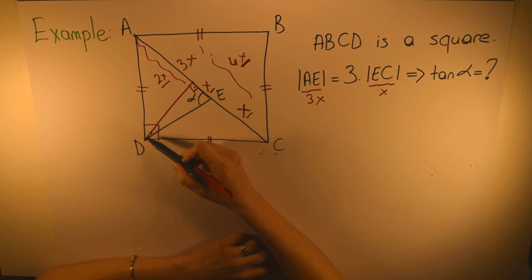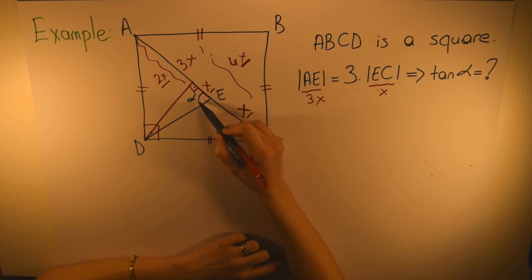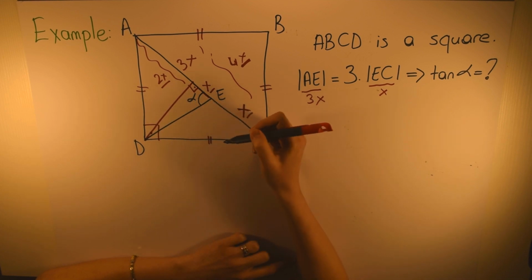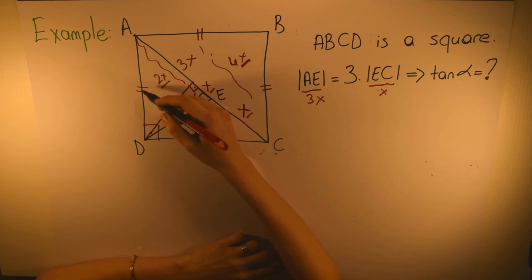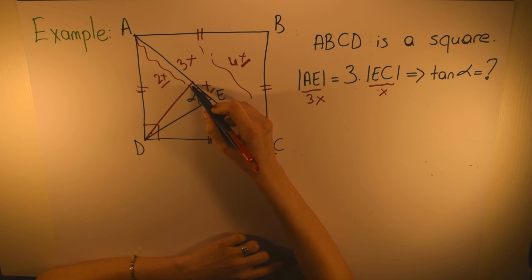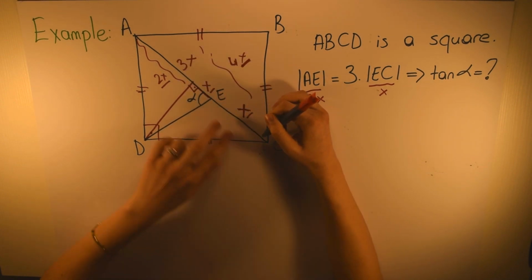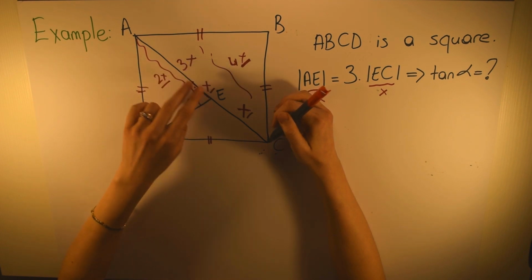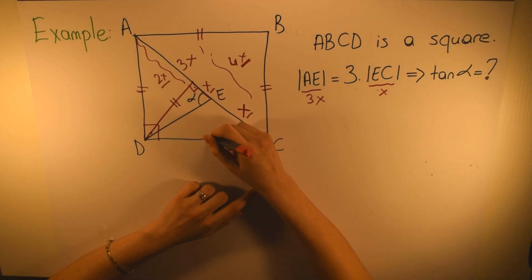As you can see, we created a right triangle here, which also includes our angle alpha. Also, another rule about this kind of triangle: if this right triangle splits this side into 2 equal parts, then this length is also equal to these lengths.